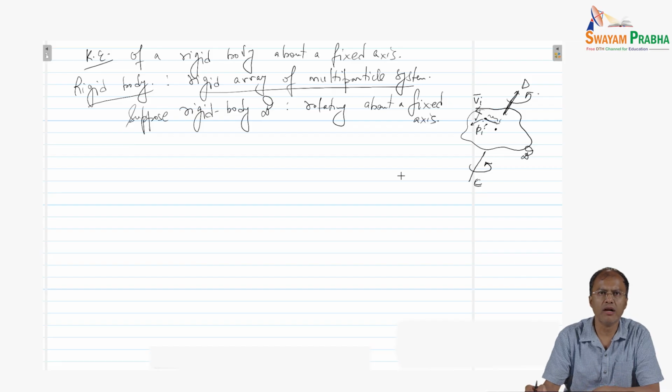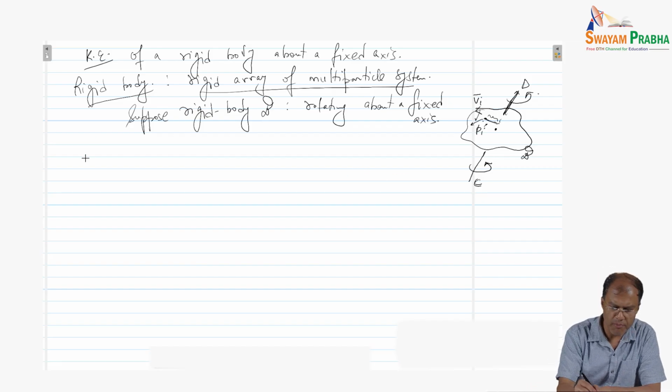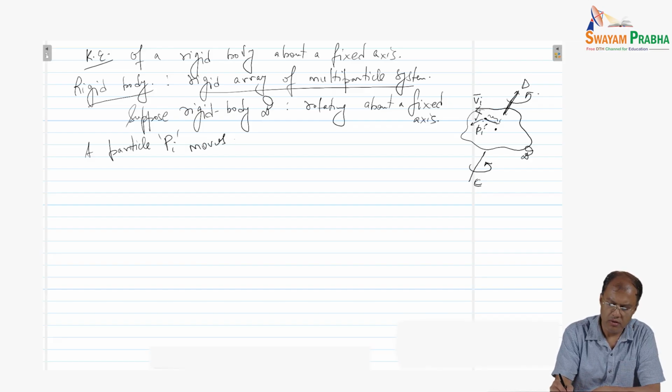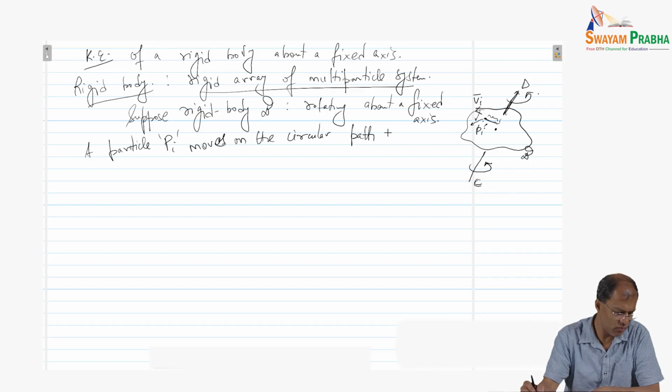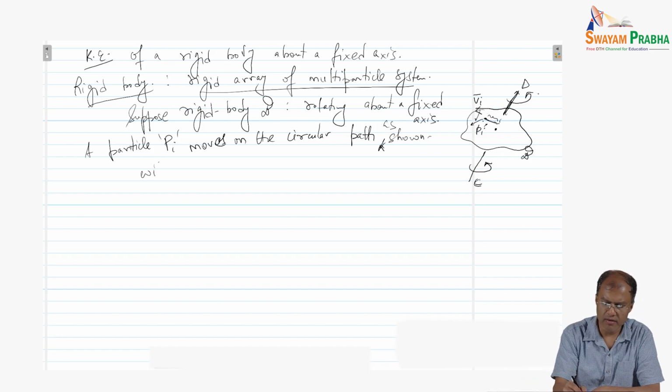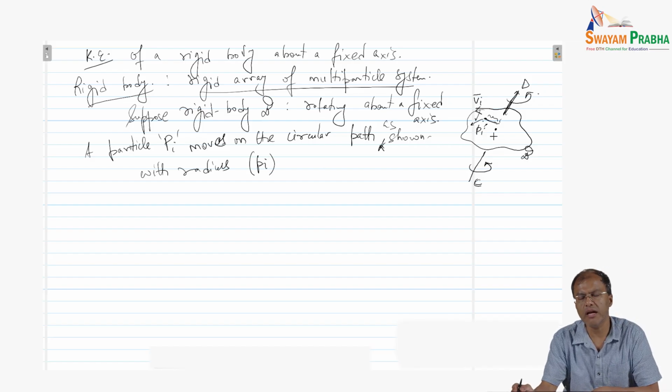So let us recap what I just mentioned so far. A particle Pi moves on the circular path, as shown here, with radius ρi, the radius being the perpendicular distance from the axis of rotation.